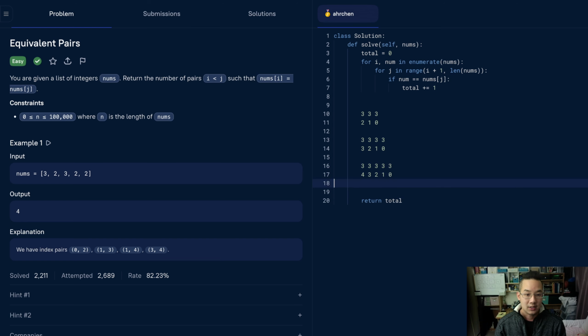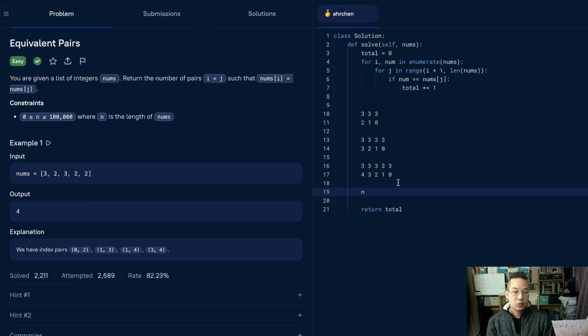The formula here is this: we have 5 items, so that would be 4 plus 3 plus 2 plus 1 plus 0. Let's say n numbers.